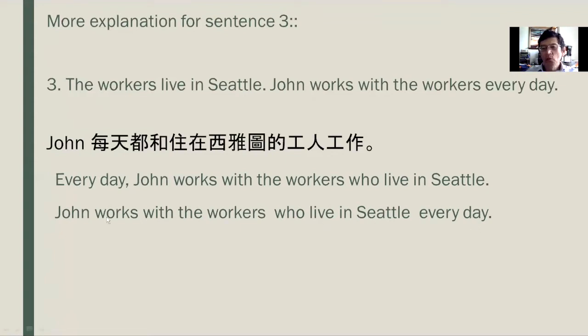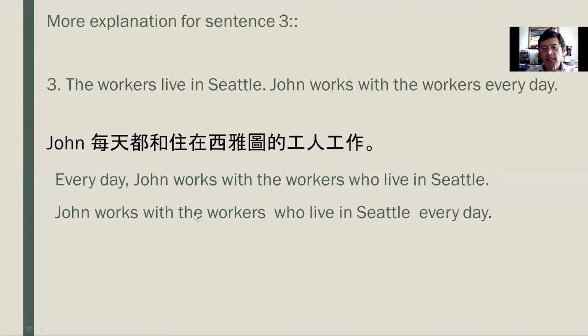Or does John work with the workers every day who live in Seattle? It really means every day John works with the workers who live in Seattle. So another way to say this sentence and still be correct, before I do that, this sentence is confusing because you don't know where the every day applies to.